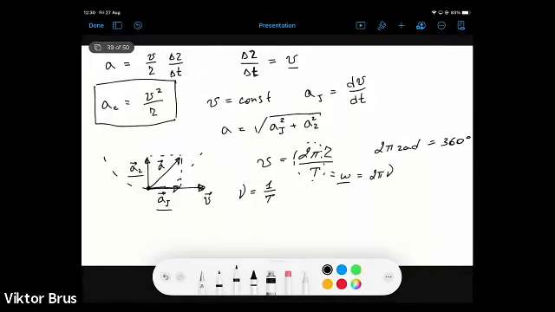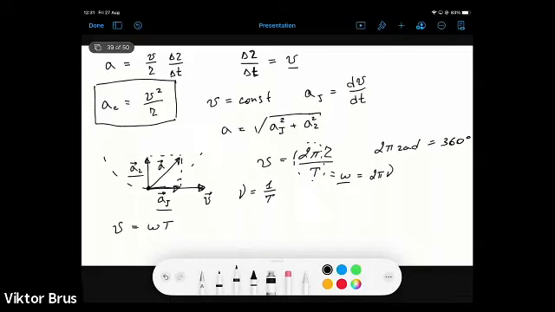So we will operate in the angular system of coordinates, and we will operate with angular velocity. So linear velocity is equal to omega times r.